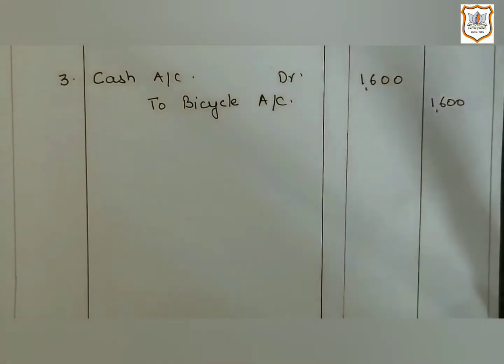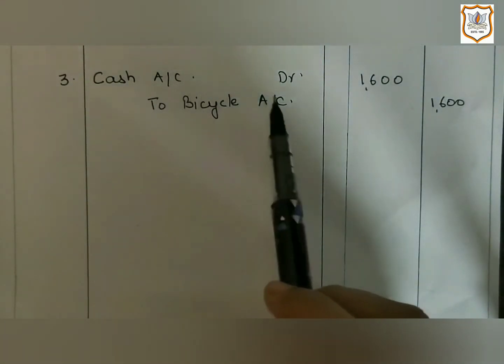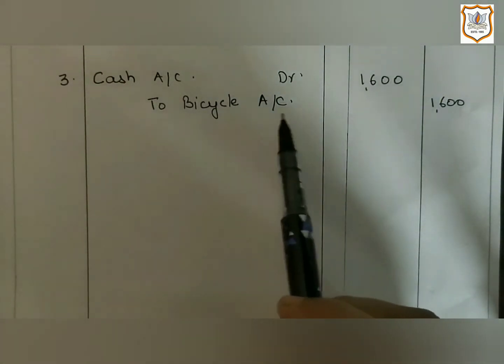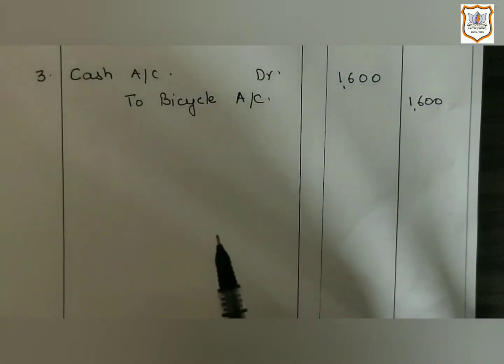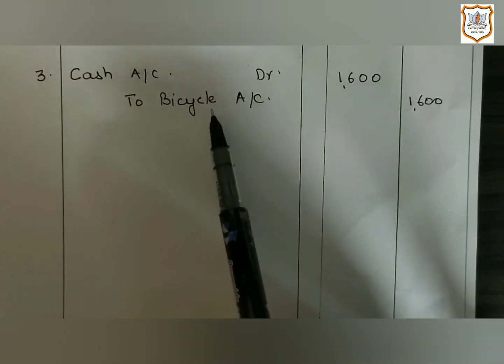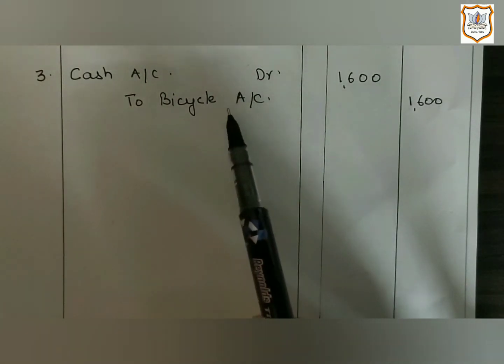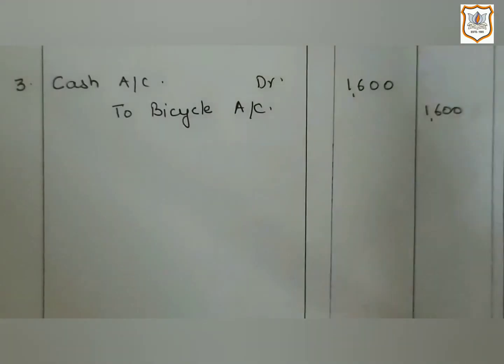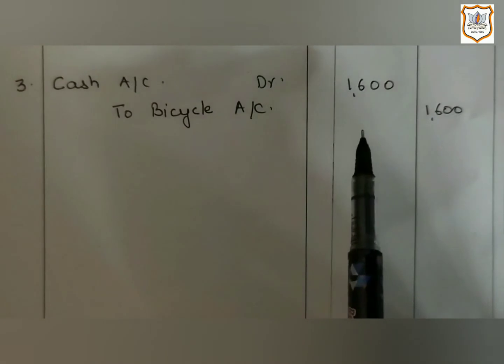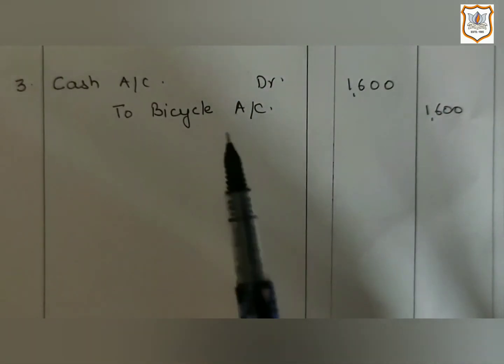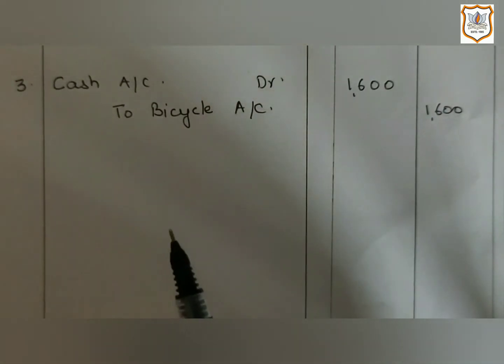Now let us see the next journal entry, cash account debit to bicycle account 1600. So let us understand what will be the narration for this journal entry. Here bicycle is an asset as it is a vehicle, and here the bicycle, which is an asset, is credited, which shows that it must have been sold.